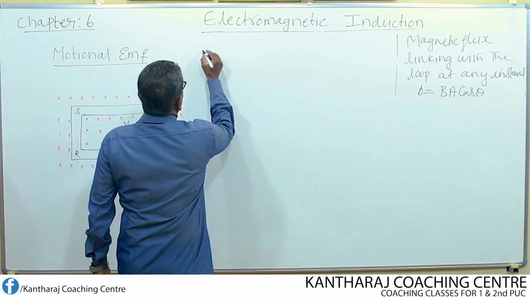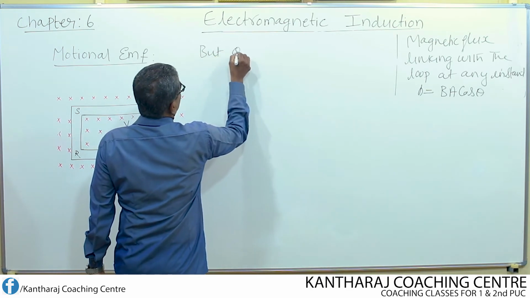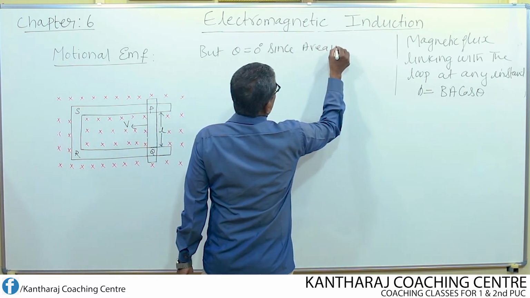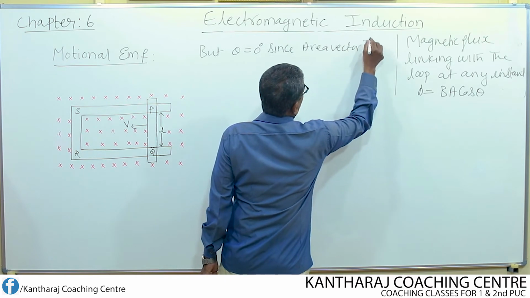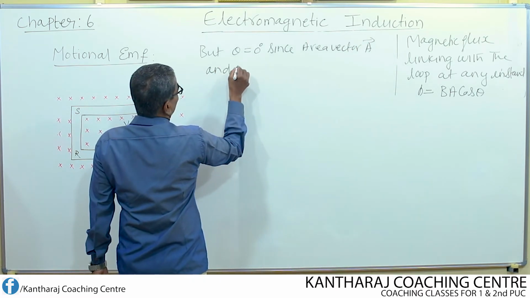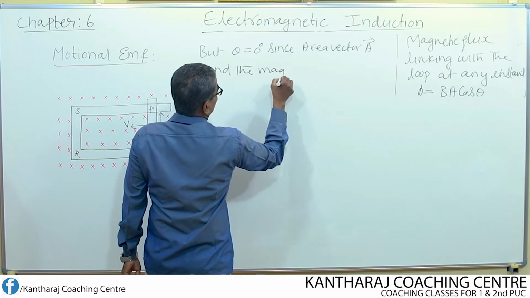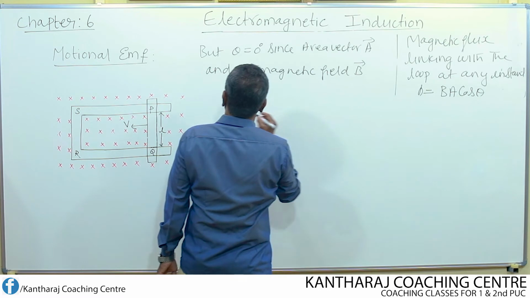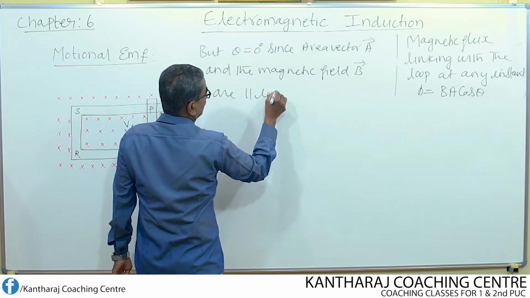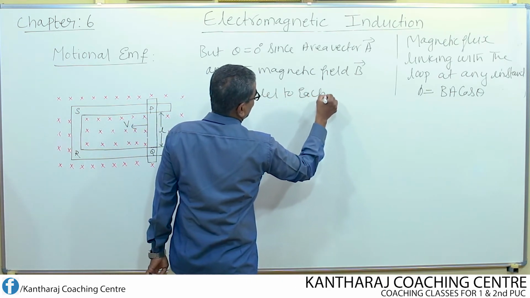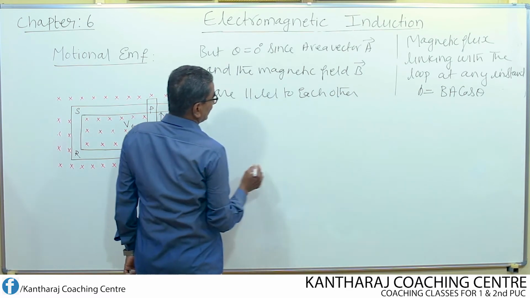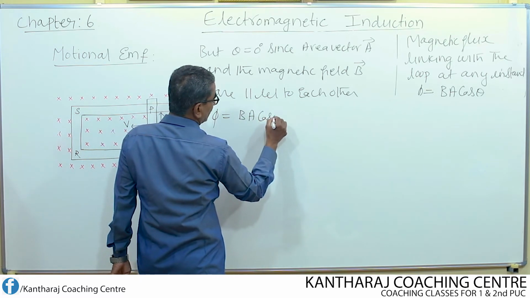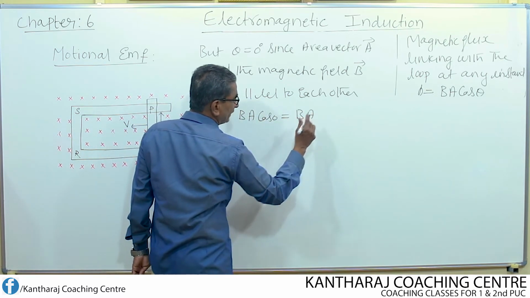So theta equals 0 degrees, since the area vector A and the magnetic field B are parallel to each other. Then what happens to phi? Phi is nothing but B into A into cos 0, which is nothing but B into A.